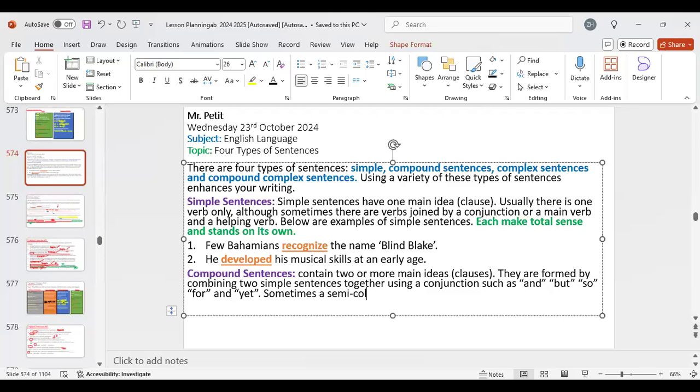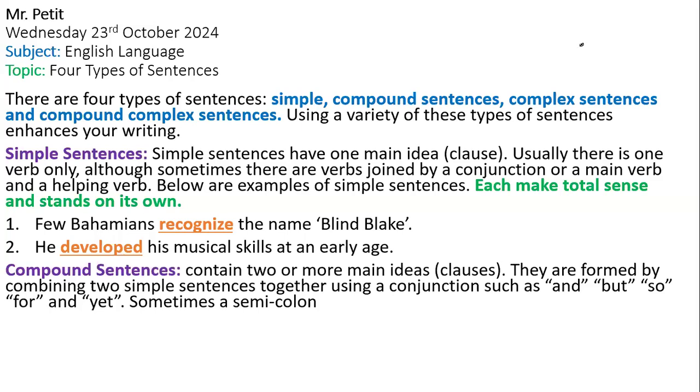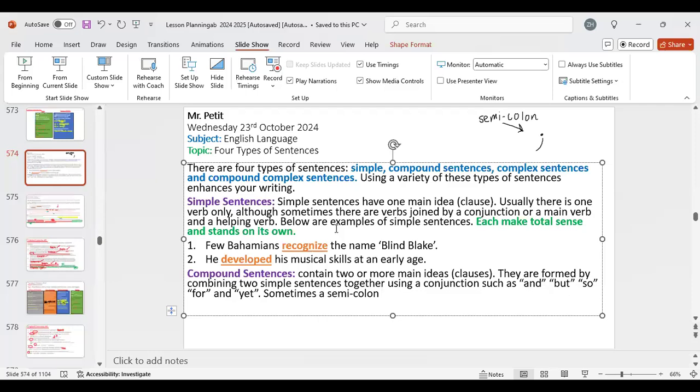For those who don't, it looks like this. You could use this to combine two simple sentences to form a compound sentence. So you could use a conjunction or a semicolon.